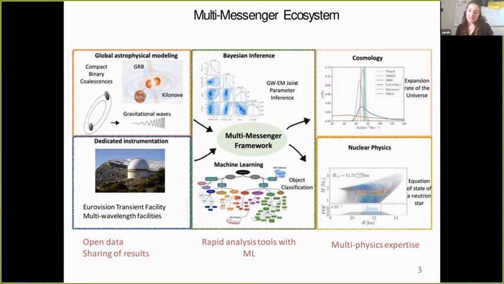As Geert just presented, in our team the idea is to combine this different information in a multi-physics modelization to extract figures about the properties of the neutron star or black hole, the binary systems and post-merger, and also derive some properties for topics associated with nuclear physics or cosmology.